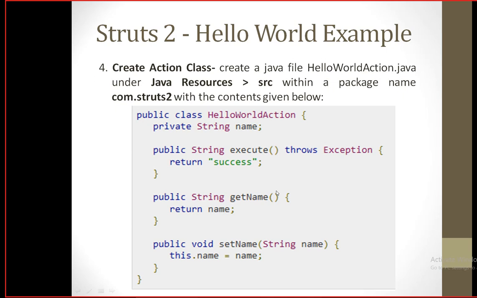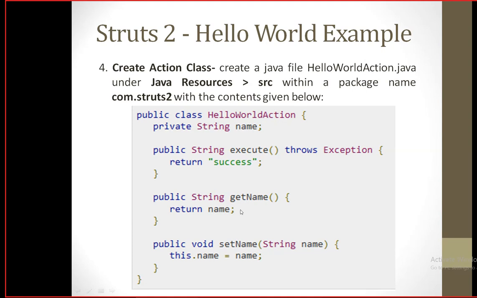Whenever the result is prepared by the view component, it will require some data from the action class, isn't it? In order to prepare the output page, the view component will require some data from the action class, right? So that data is fetched by using this getter function.